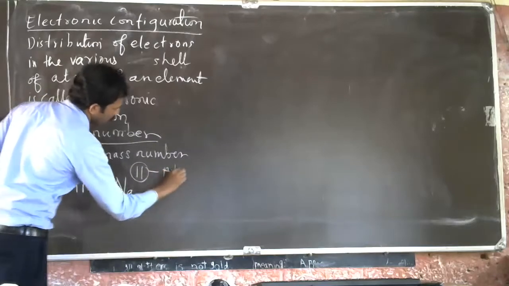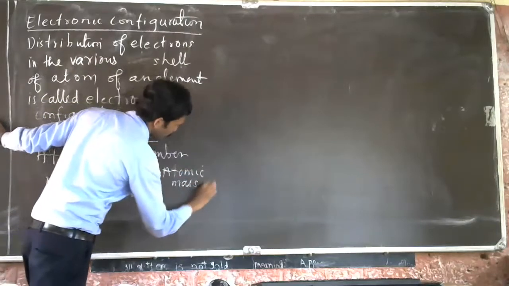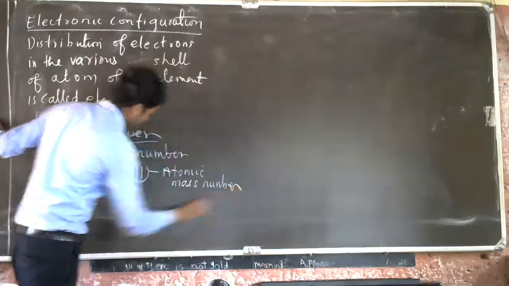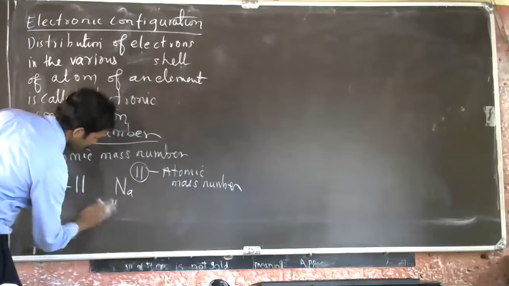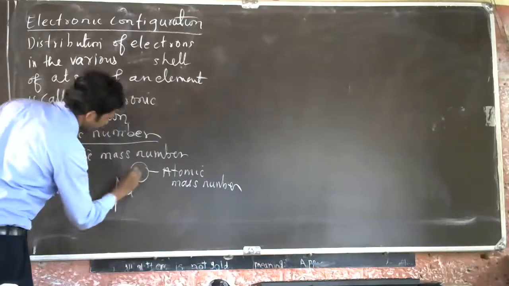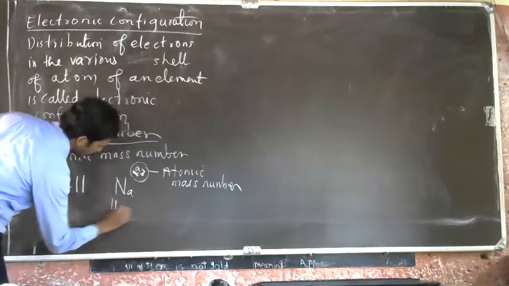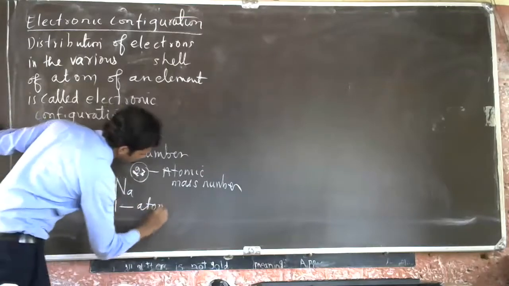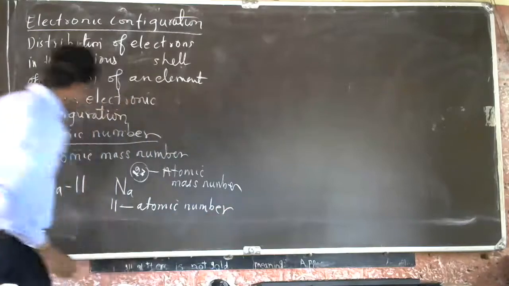The mass number of sodium is 23 and the atomic number is 11. Like this way we represent.